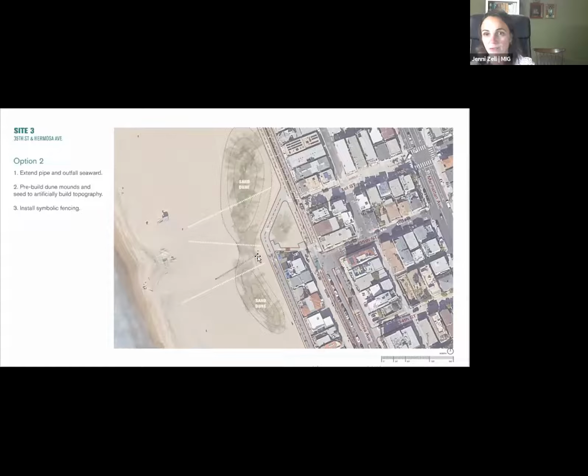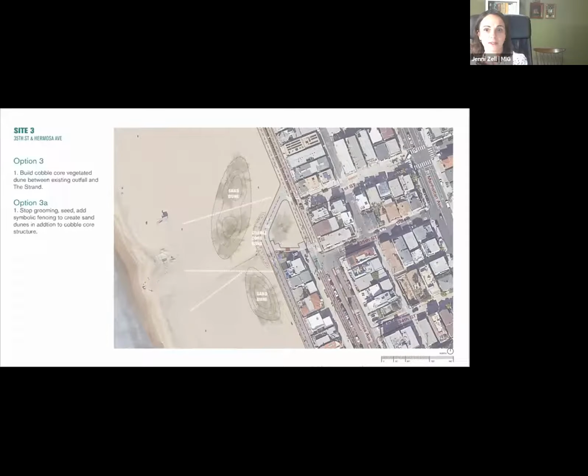But the key to this one is also extending that outfall structure seaward to reduce that risk of flooding into the strand and the infrastructure in this area, and building sand dunes on top of this. It allows us to get just a larger footprint for sand dunes, while at the same time showing options for moving through these dunes.